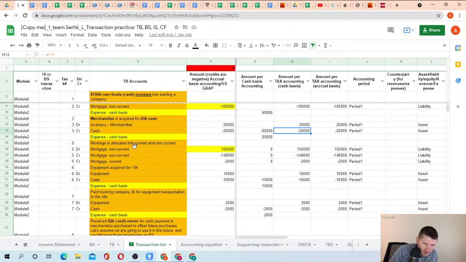Okay, reclassification of the mortgage. So no cash moved, so no entry here. Everything else will match.